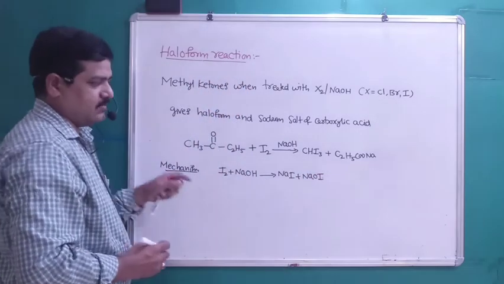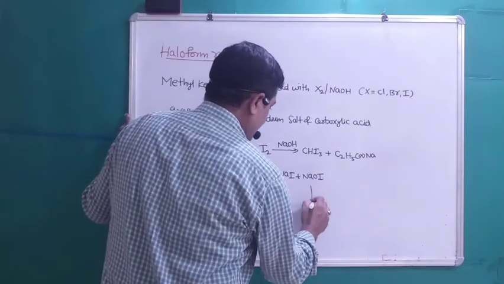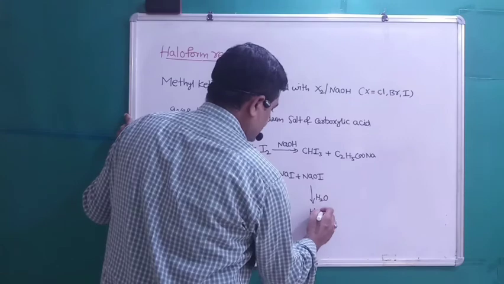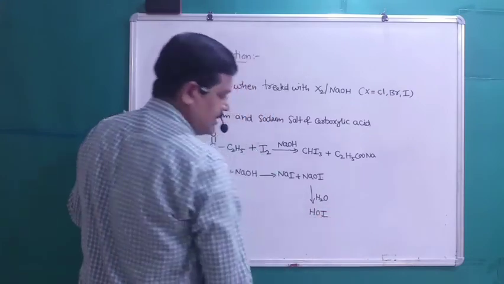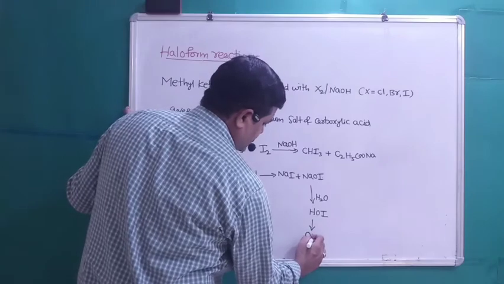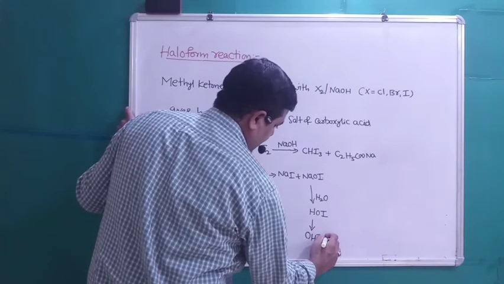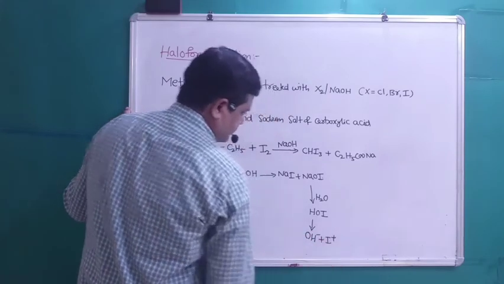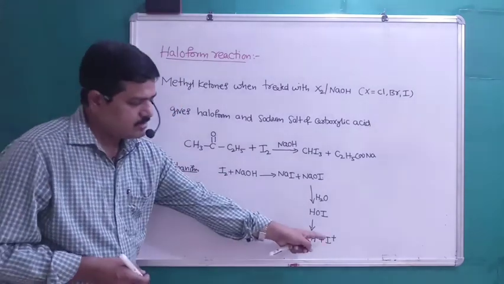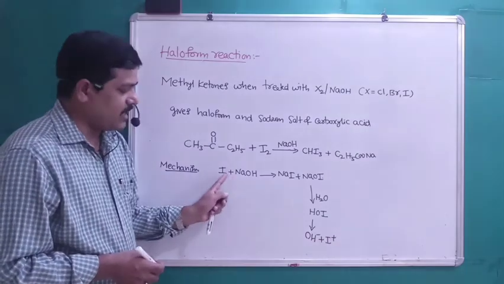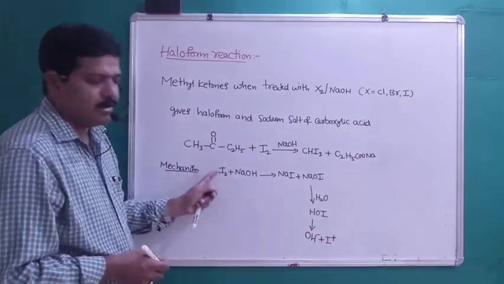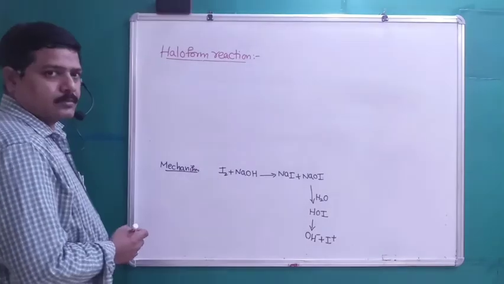Due to hydrolysis, it converts into HOI. Then HOI generates OH minus plus I plus. If we use chlorine we get Cl plus, and if bromine is used we get Br plus. Let us continue this mechanism.